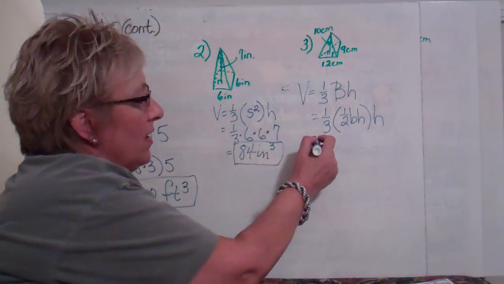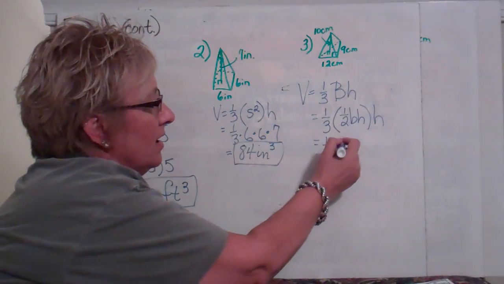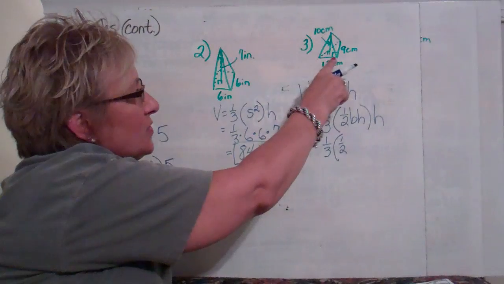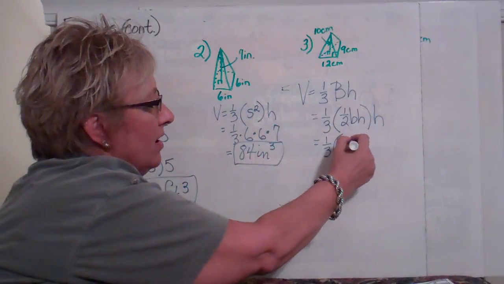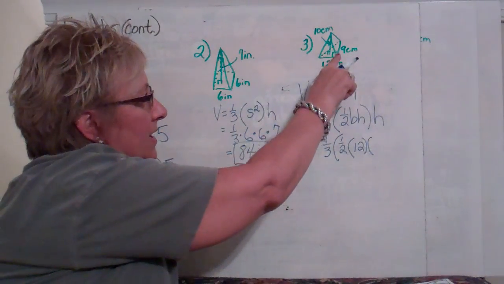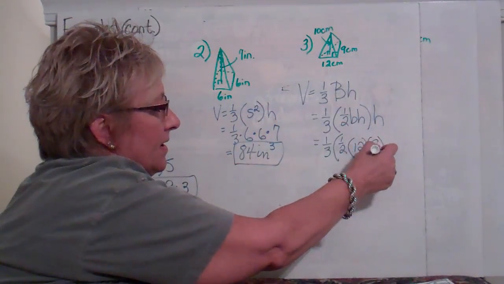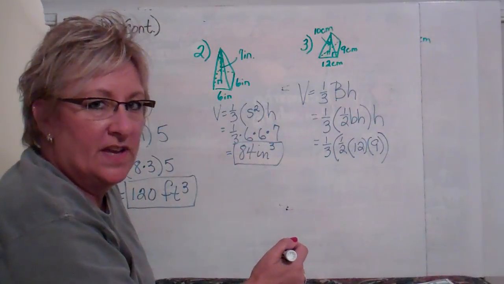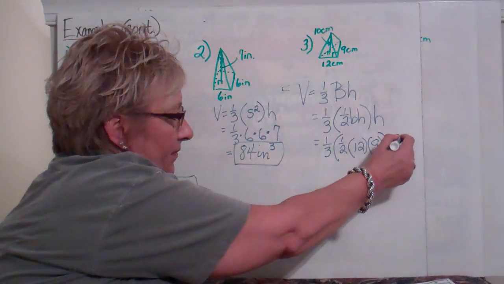So I'm going to say 1/3 times 1/2. I know the base of this triangle is 12 and the height of that triangle can be 9, and the height of the entire three-dimensional figure is 10 centimeters.